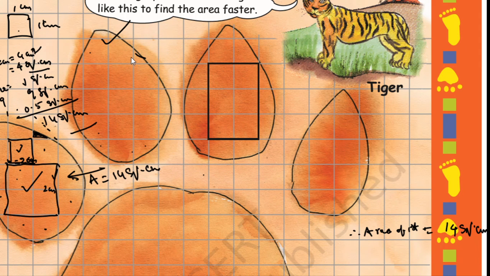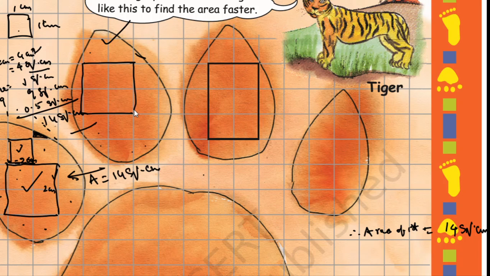Now from this figure you identify the largest square or a rectangle. Now just observe this one. This is the rectangle, but it is not completed. So this is a square. First you find the area of this square.